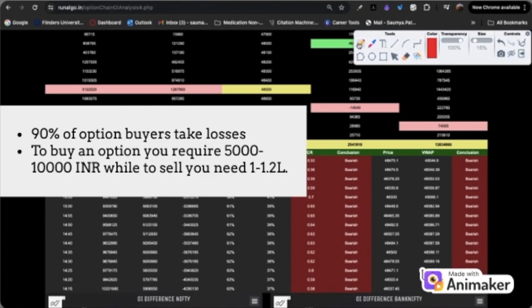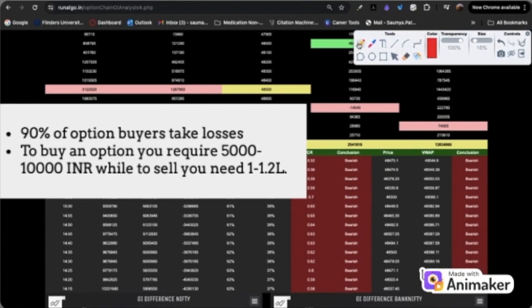This is because if you have ever tried to buy an option, you would have seen that you only need 5 to 10,000 rupees as margin, while if you want to sell a naked option, you'll need at least 1 to 2 lakhs.